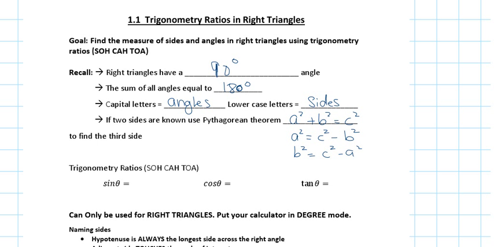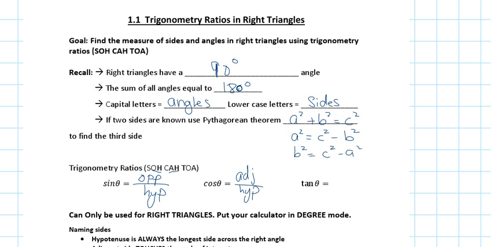Sine theta is opposite over hypotenuse, because it's SOH. Cosine theta is adjacent over hypotenuse, because it's CAH.